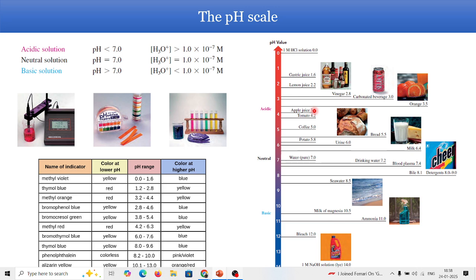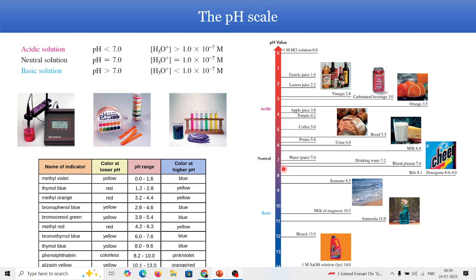We have lemon juice in the category of acidic solutions. You have tomato, apple juice, and orange that are acidic in nature. Whereas for neutral, we have drinking water and blood plasma, which is 7.4, and in the basic solutions, we have milk of magnesia, NaOH solution, bleach, ammonia, and so on.